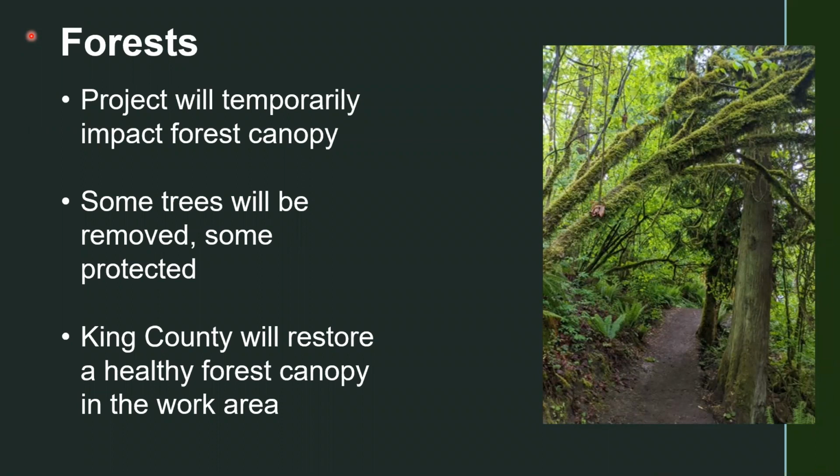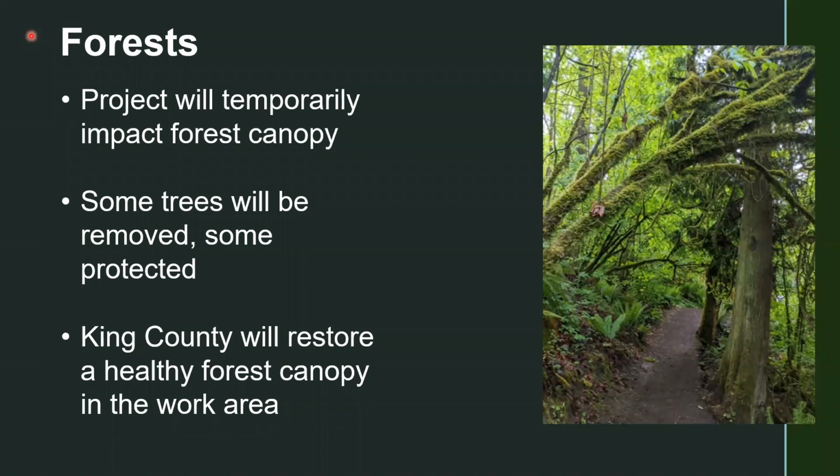So how are we going to be protecting trees in the forest in which we're working? As you imagine, this type of construction work will require the removal of some trees that are within our project work area, and also trees that are adjacent to the work area whose root structures might be impacted negatively by a trench going right by them.